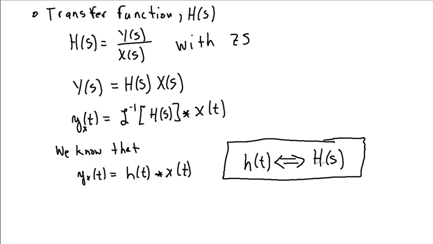I mentioned previously that we would see later on how to find the impulse response. Well, this provides a method. We'll see soon how to determine H(s) for a particular circuit using circuit analysis. We can then take the inverse Laplace transform of H(s) to find the impulse response.